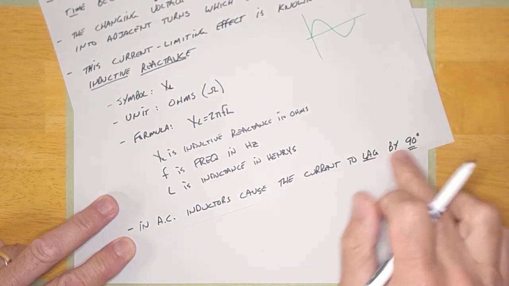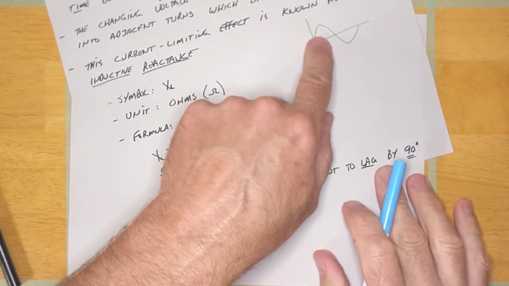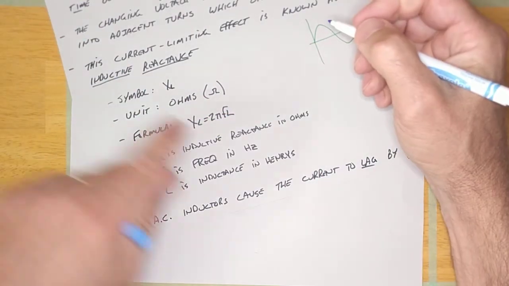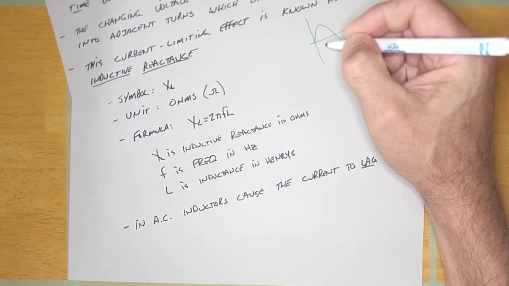Okay, and that's just a fact. And what that means is that if I were to look at an AC coil, that's an inductor, the current wouldn't be nicely in phase like it would be with a resistor.